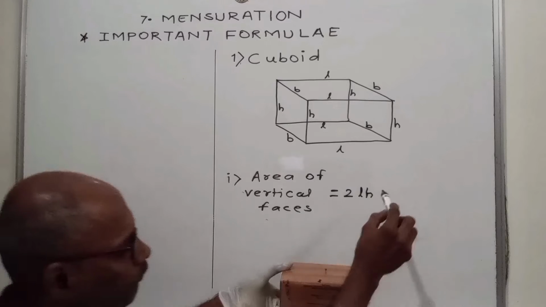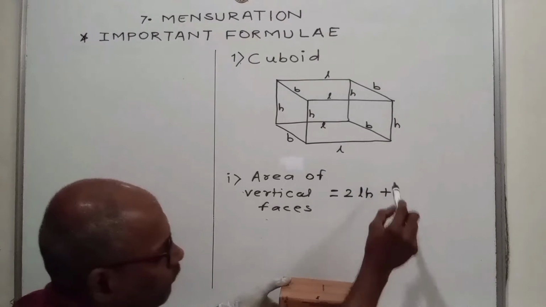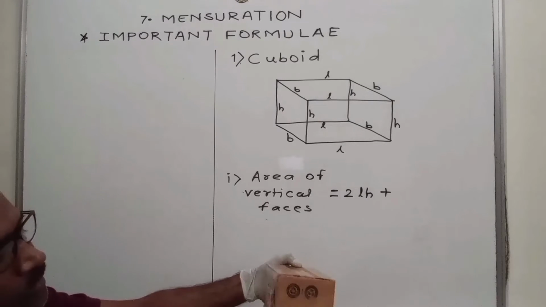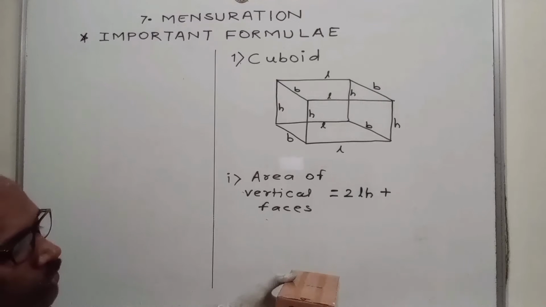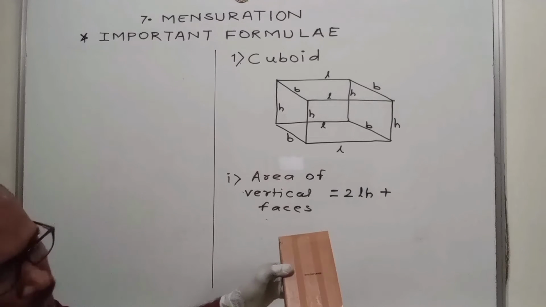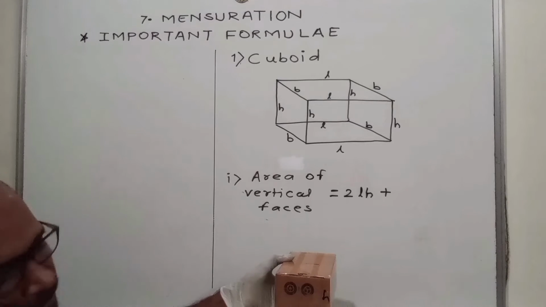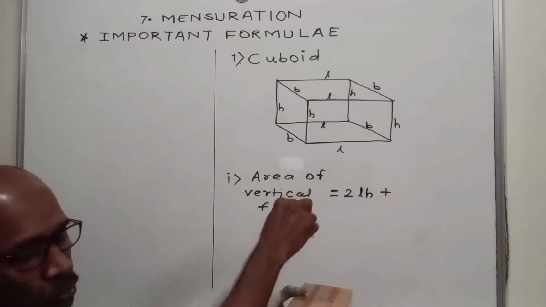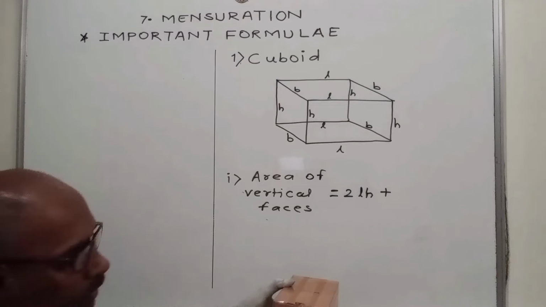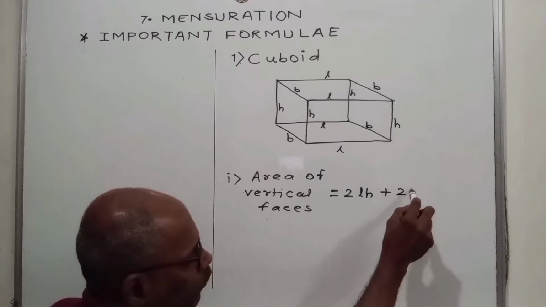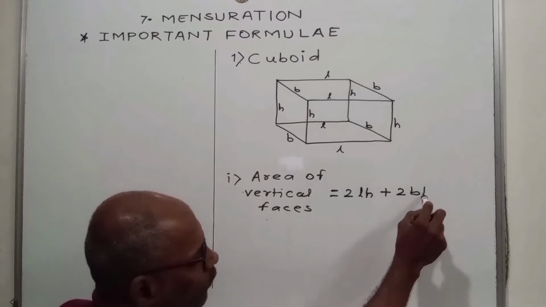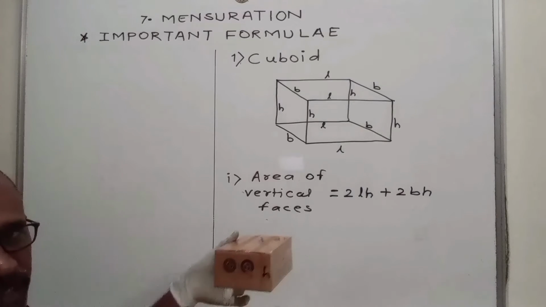Did you get it? Plus, now this is our breadth, and this is our height, and these are also two congruent faces. Therefore 2 into BH.